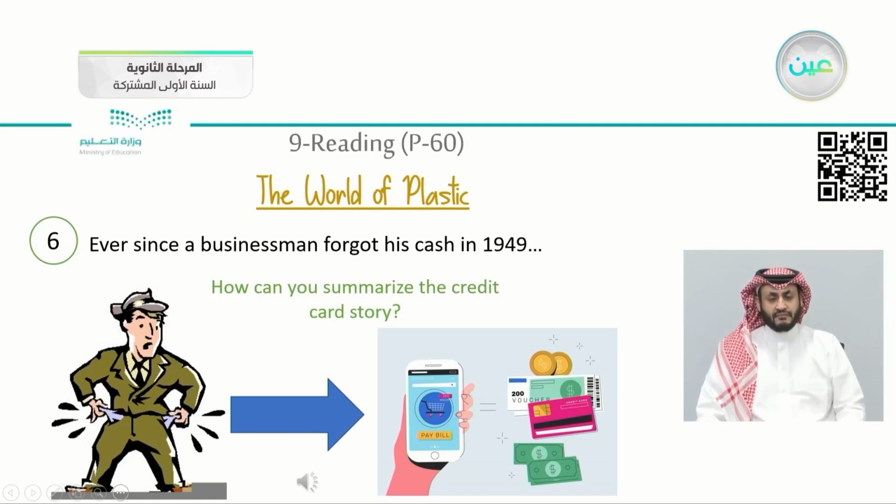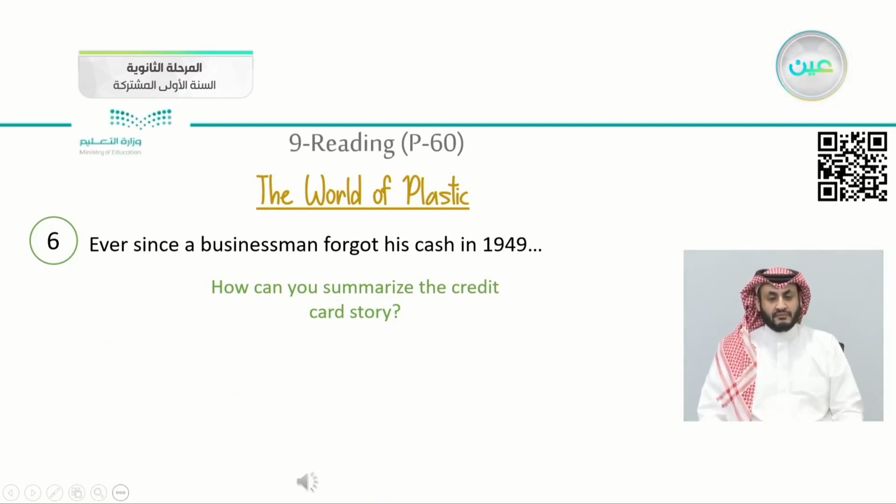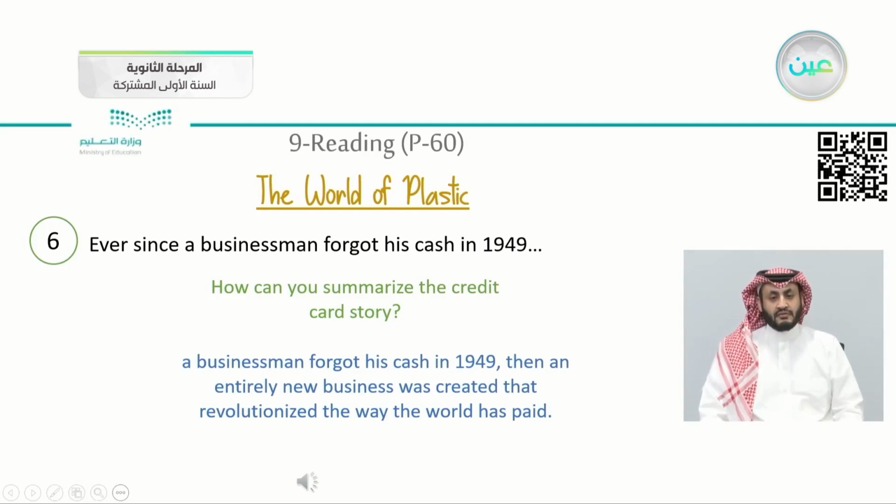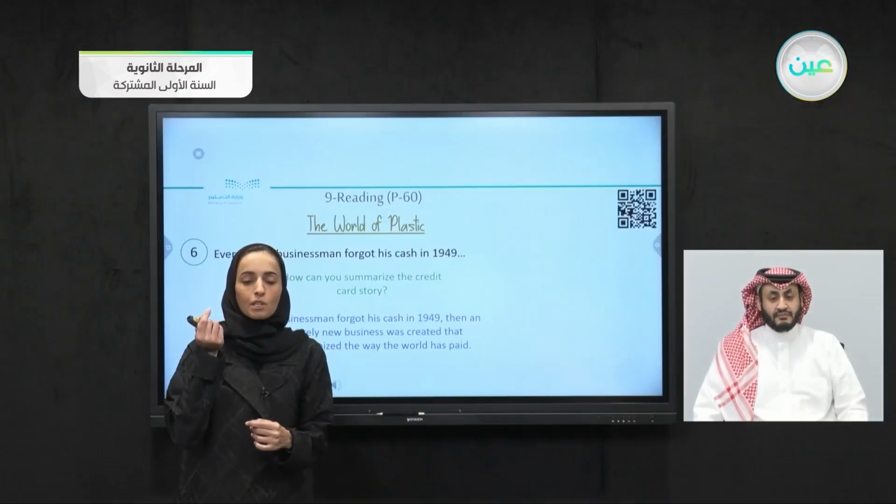To summarize the story, it is the concluding paragraph, so we will have a summary. They said in here, a businessman forgot his cash in 1949. Then an entirely new business was created that revolutionized the way the world has paid. So it was only one simple or one embarrassing situation, 1949.